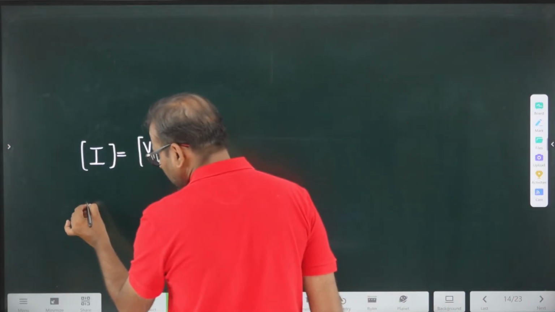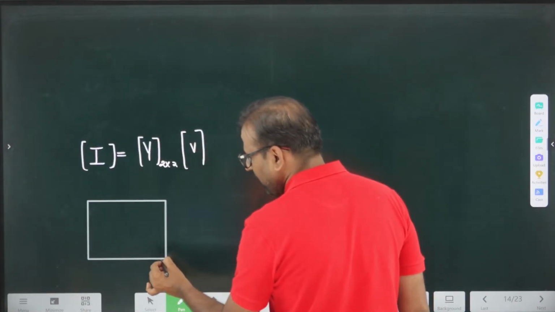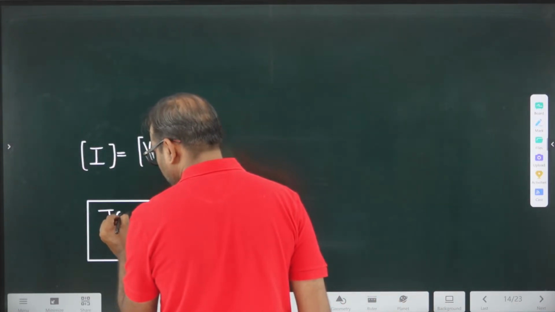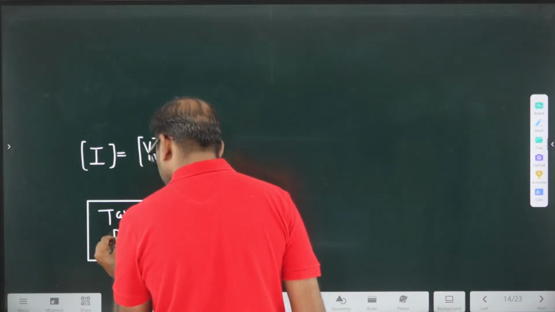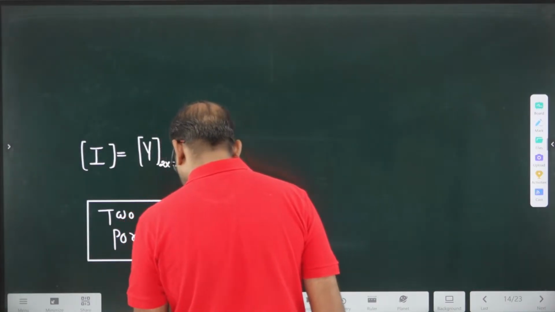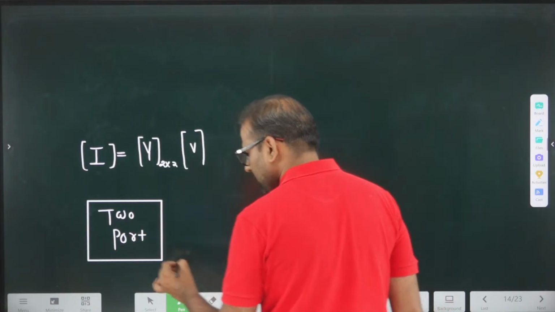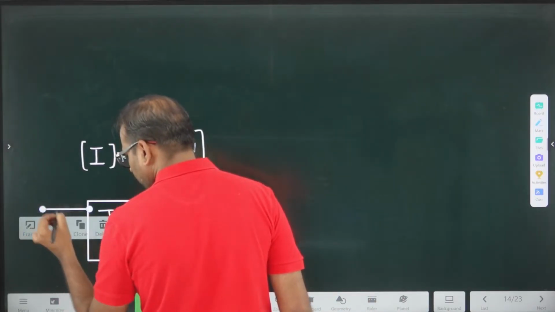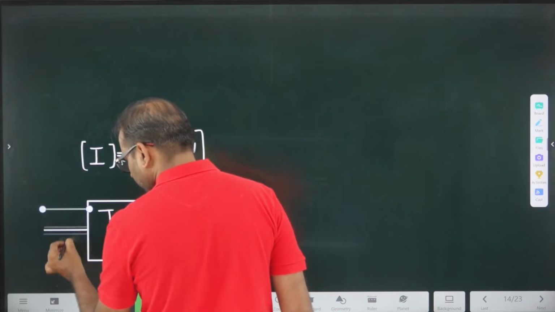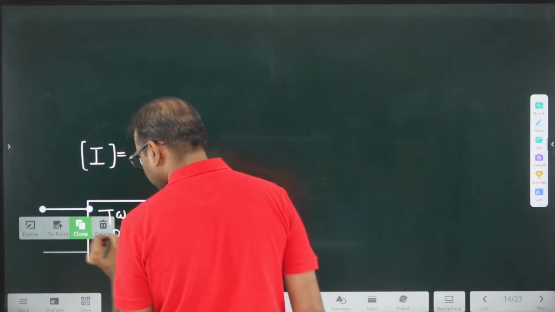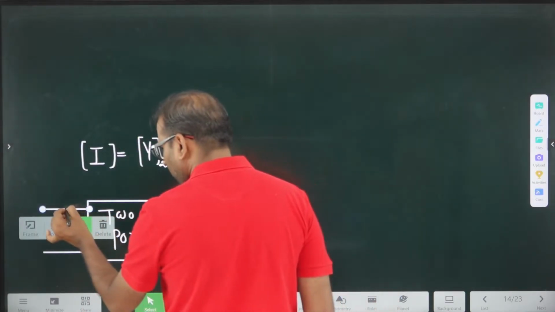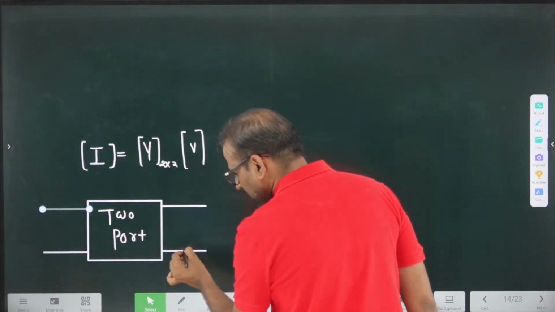the orientation of current is always going to be the same, there is no change in it. Whether it is any parameter, this is a two port network. So you can say in a two port network, all the ports have the same orientation of current and voltages, like the Z parameter.